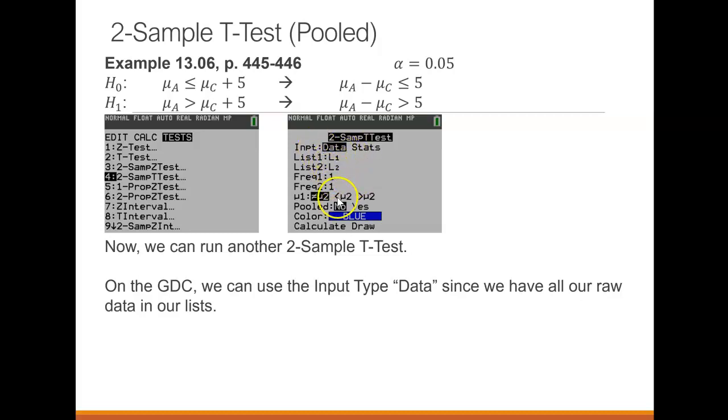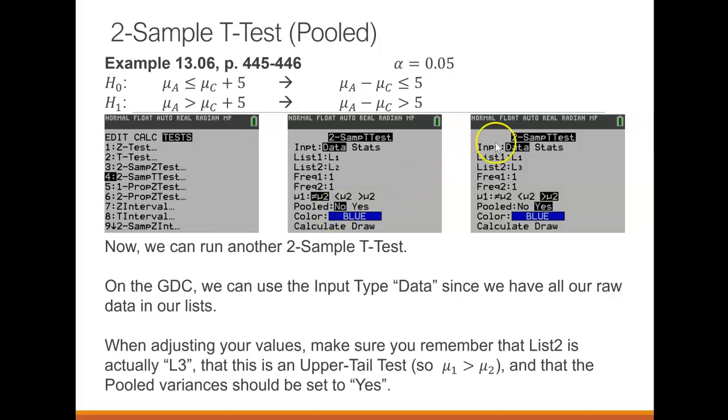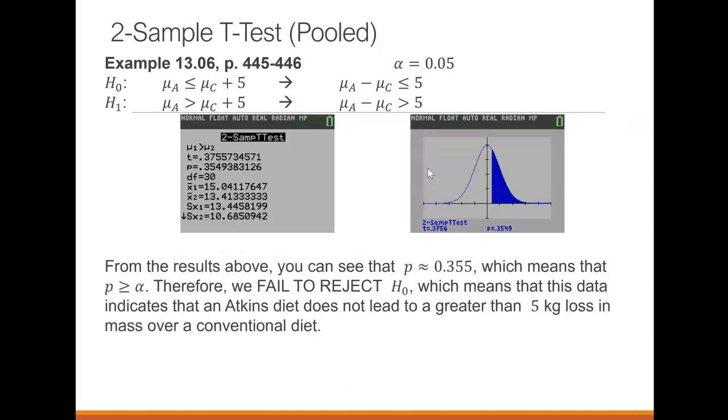So it looks like this initially, but I need to make sure I've updated things because I want to be using L1 and L3, and I need to be looking at mu1 greater than mu2 because now I've done, right? UC plus 5 is L3. Everybody agree with that? Okay. And now we're ready to rock and roll. So let's hit calculate and draw.